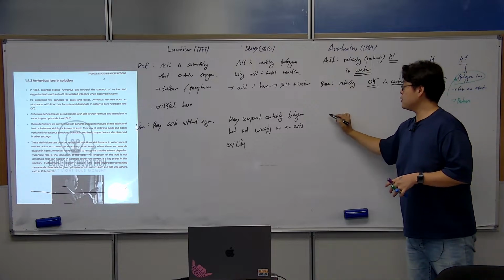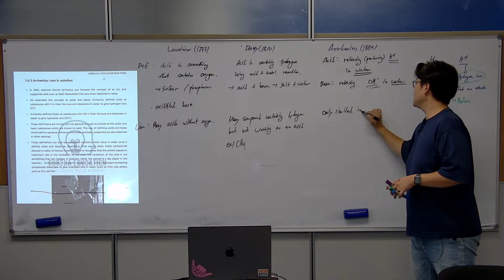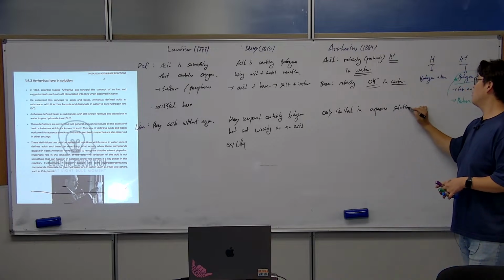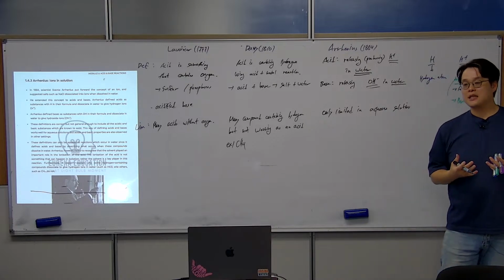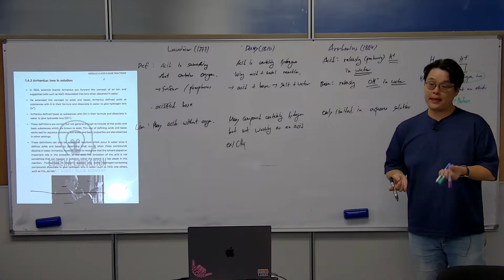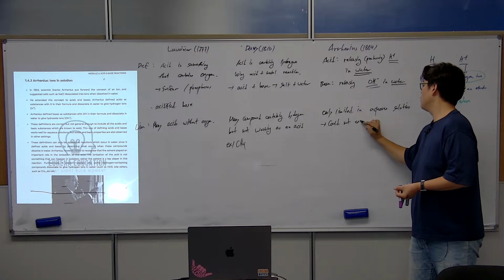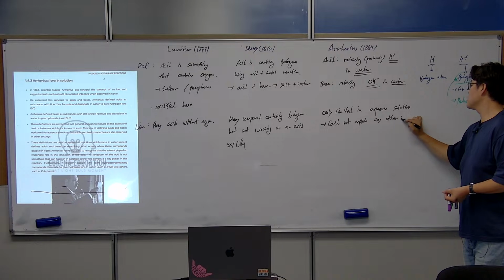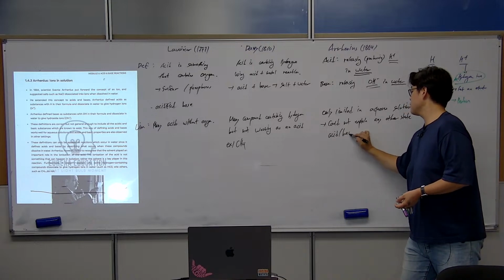So the limitation is that it's only limited to aqueous solutions, which means we could have something in gas or solid state that can still work as an acid or base. So it could not explain any other states.